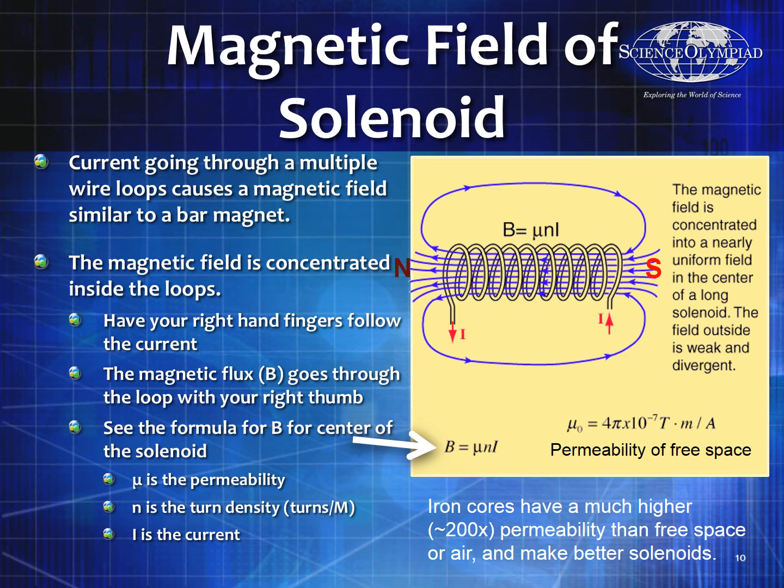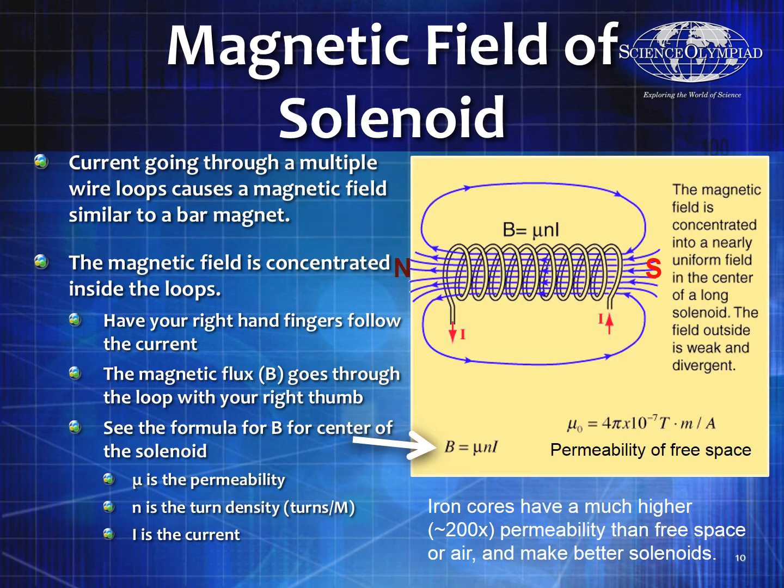The other thing that's really cool is that I can put a different type of core inside all of these loops. If I put an iron core, that's going to have about 200 times as much magnetism. So if I put multiple loops around an iron core, I can create a really powerful, strong electromagnet.